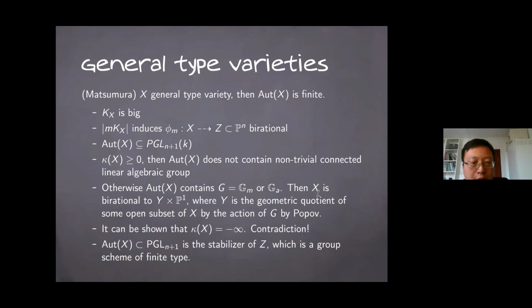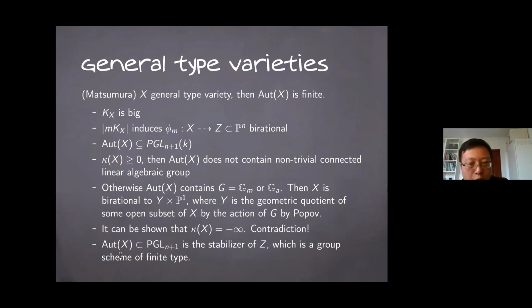Then X is birational to some Y, possibly singular, X birational to Y times P^1. Even if X is singular, you can use an elementary argument to prove that if X is birational to Y times P^1 and X is smooth, then the Kodaira dimension of X has to be negative infinity. Then this would contradict the assumption that X is of general type.